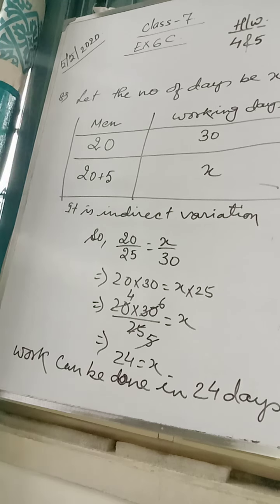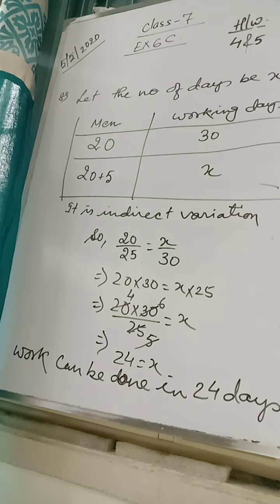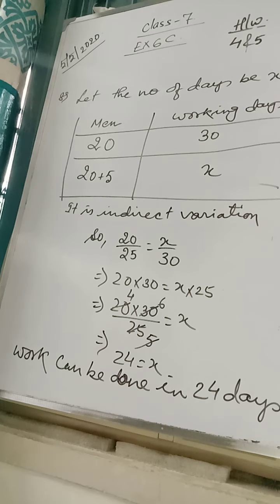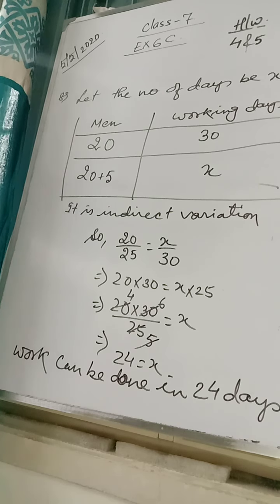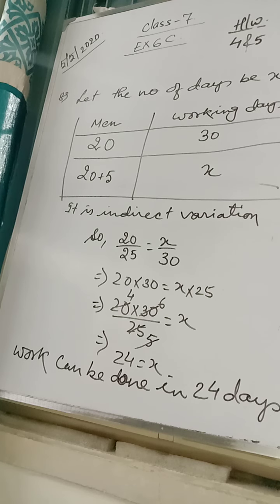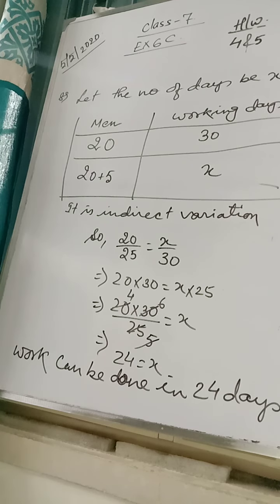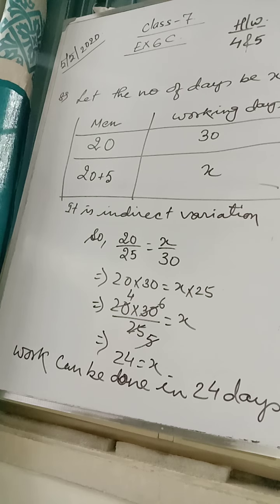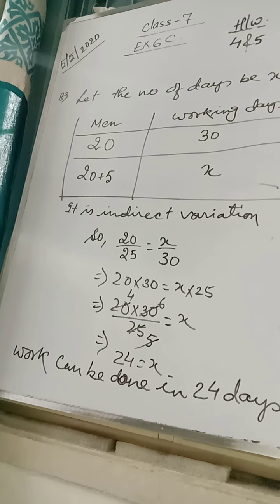Question 9. If 13 lines of text in a column of an encyclopedia contain 42 words, how many words will 52 lines of text contain? Is it direct? 13 lines, 42 words, 52 lines, X words. So number 9, you can do as homework. So you have 3 homeworks today. We have done 6 here.